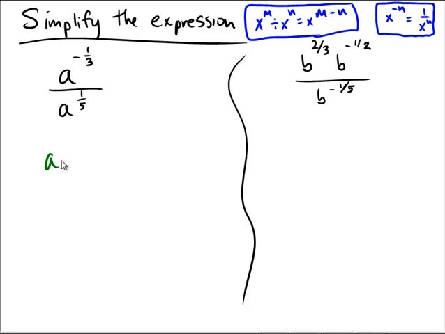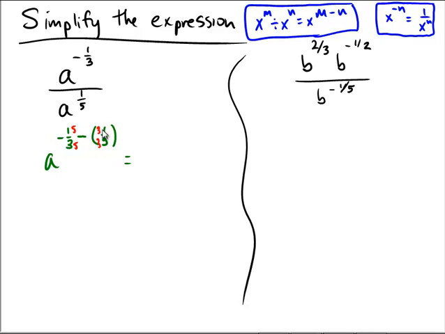Looks like an a. And our exponents are negative 1/3 on top, minus 1/5 on the bottom. We have negative 1/3 minus 1/5. Now, I would like to just subtract those fractions. As you get more practice, you can do these a little bit faster on your own, but I'm going to do the whole process, get the common denominators, and see what they are. So between 3 and 5, you would be looking to get a common denominator of 15.